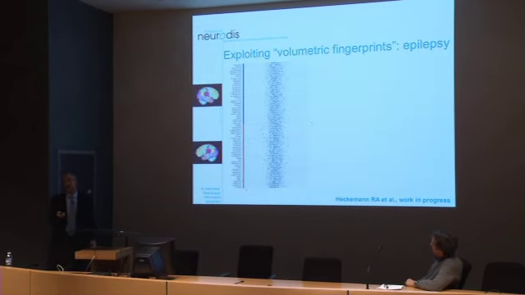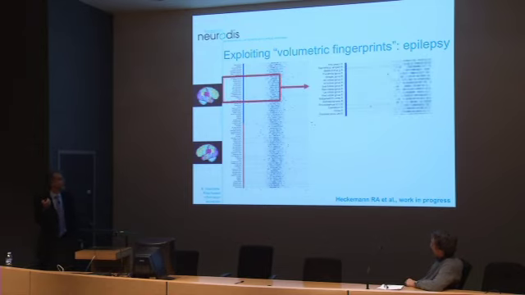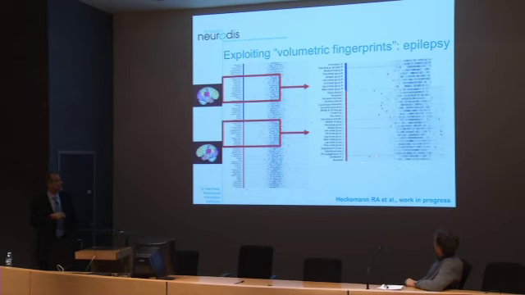We can also exploit the volumetric fingerprints I've shown earlier. Here an example in epilepsy, where you can see on the contralateral side a cerebellar atrophy, on the ipsilateral side also a cerebellar atrophy, but a small temporal lobe overall with a particularly small hippocampus.